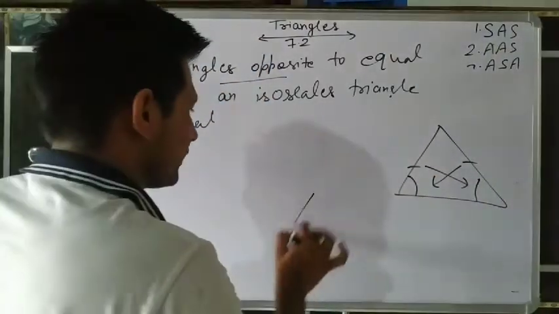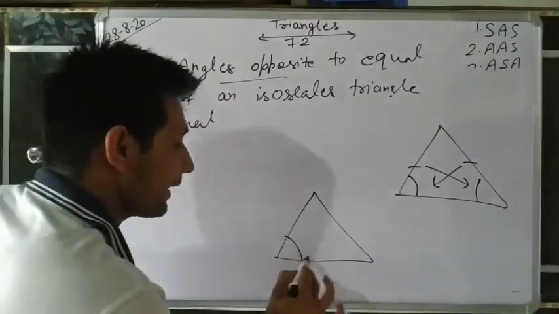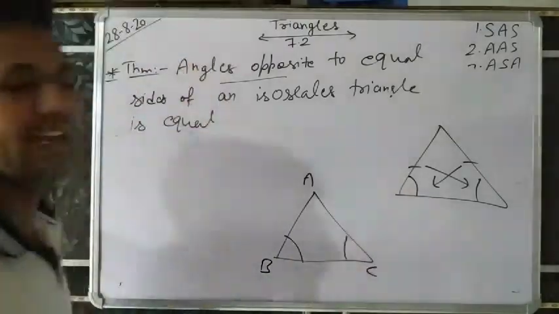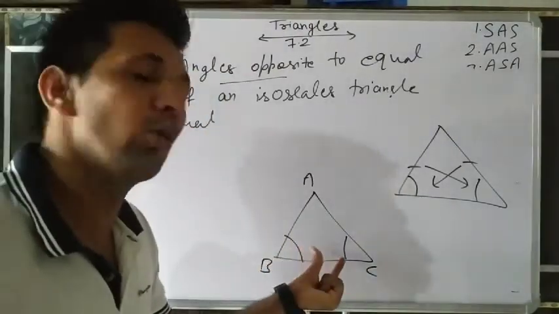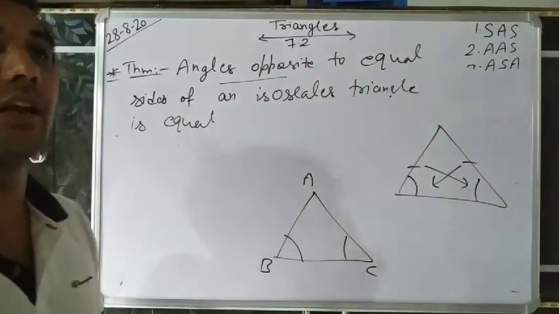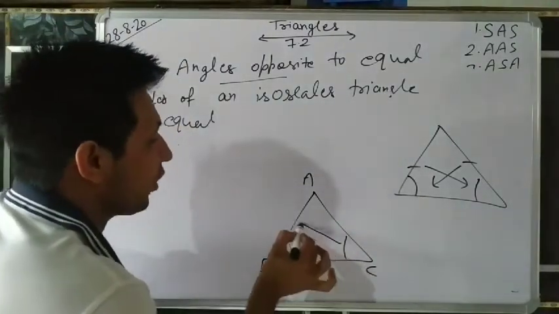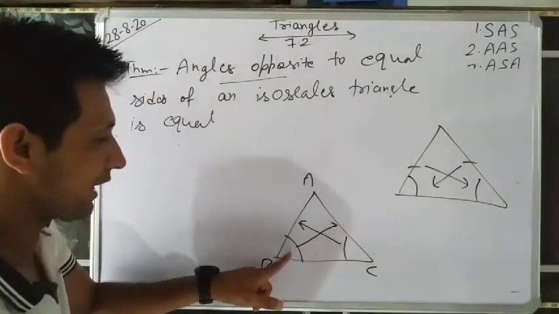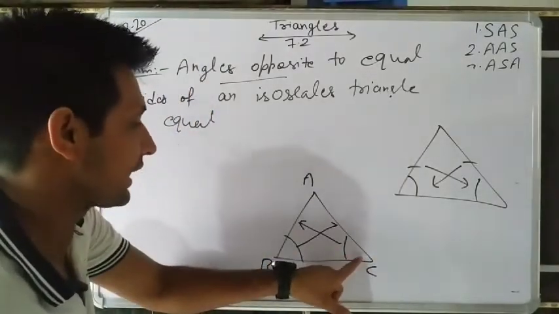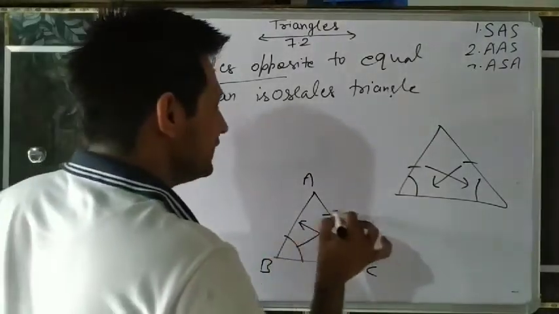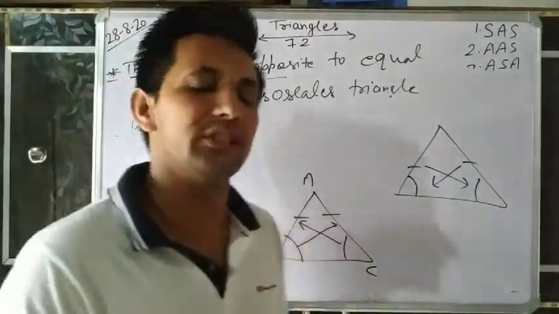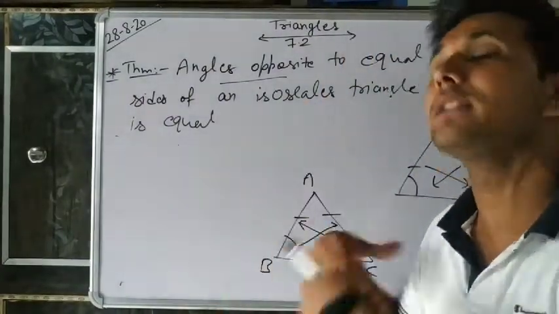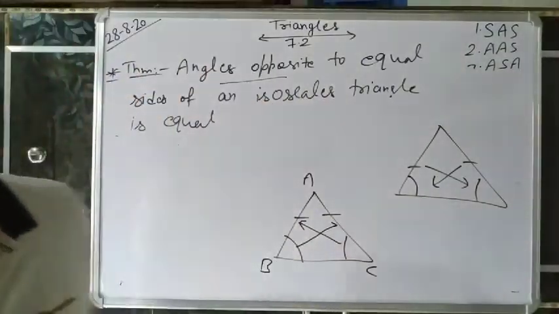Now the opposite: if in any triangle two angles are equal, then the sides opposite to these angles, opposite of angle B, side AC, opposite of angle C, side AB, are also equal. If sides are equal, then opposite angles are equal. If angles are equal, then opposite sides are equal. So note it down.